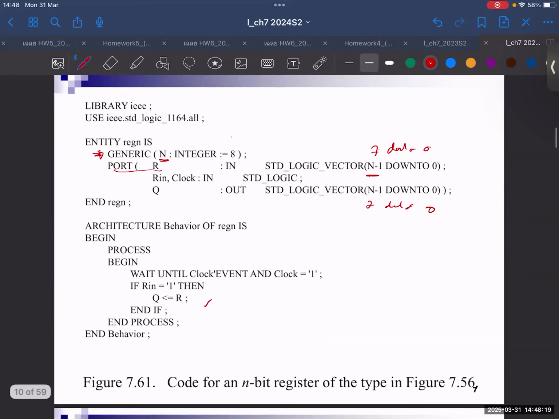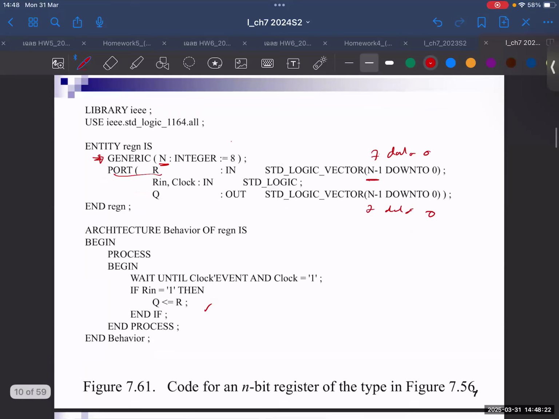Next, as you can see, this is the n-bit register, and n is anything that you want. If you use 4 bits, of course, n will be 3. If you code it directly, and next time you want to change it to 8-bit, you have to dive into the code and change from 3 to 7 everywhere, right?